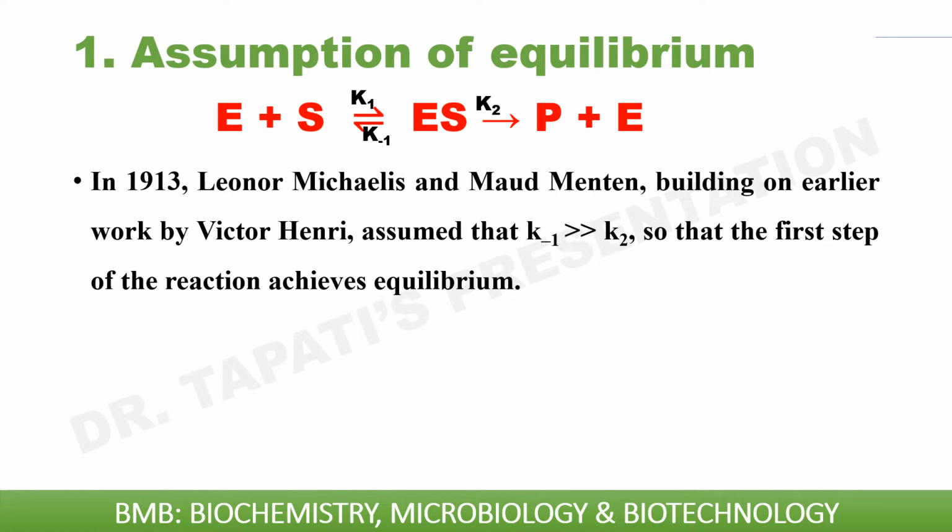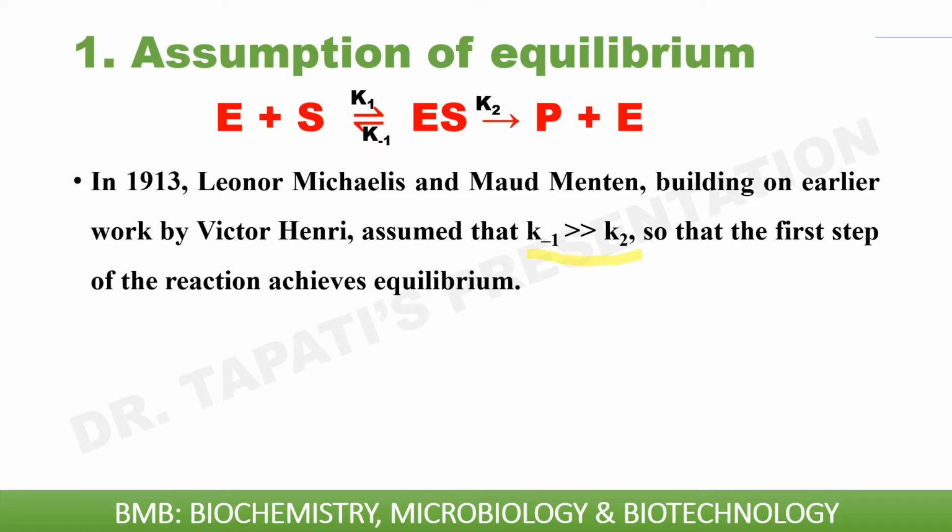In 1913, Michaelis and Menten, building on earlier work by Victor Henri, assumed that k-1 is much greater than k2.